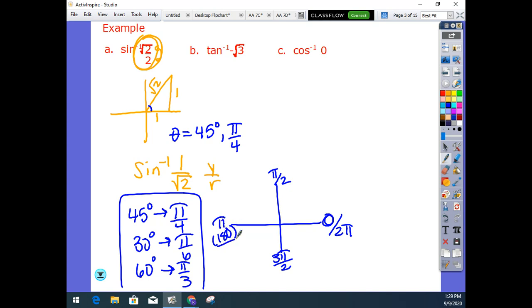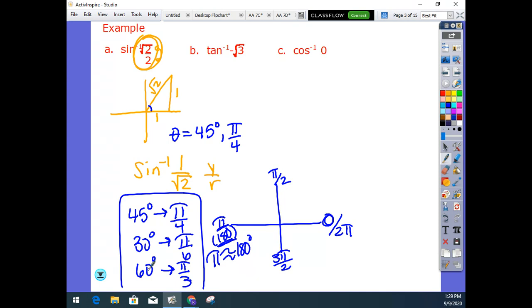This is degree measure, and this is radian measure. Pi is equivalent to 180 degrees. So if pi is 180, 180 divided by 4 is 45, 180 divided by 6 is 30, and 180 divided by 3 is 60. So whatever you need to do to put that together, this is your basic information here.